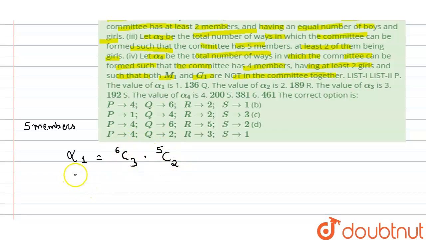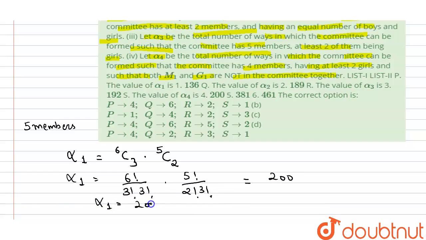So now when we solve it, alpha 1 equals 6 factorial over 3 factorial times (6 minus 3) factorial, times 5 factorial over 2 factorial times 3 factorial, right? When you solve it, it turns out to be 200. So the value of alpha 1 equals 200.